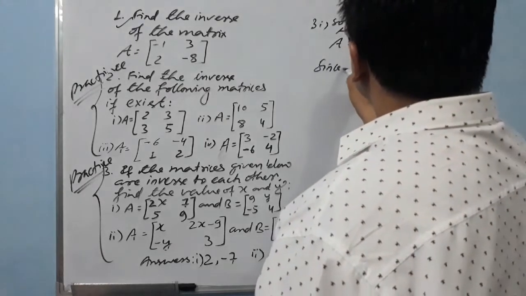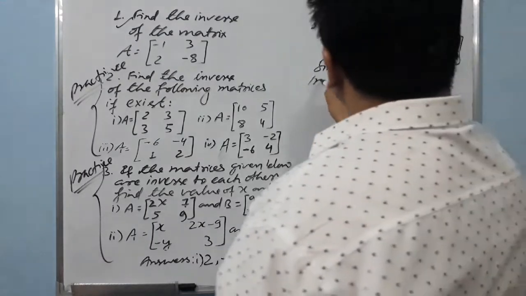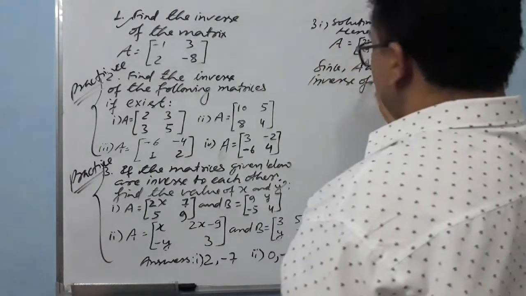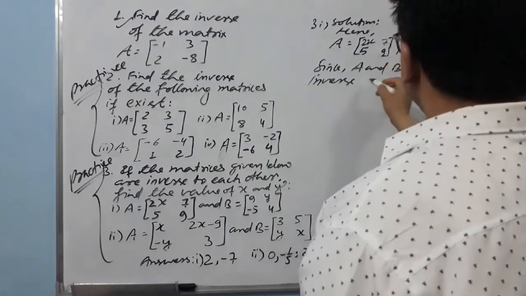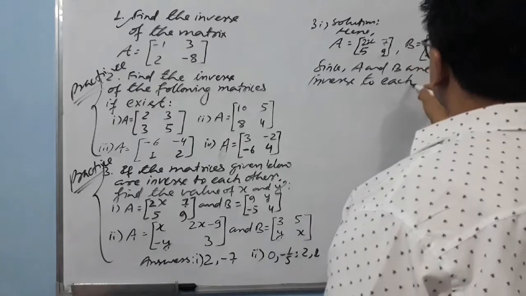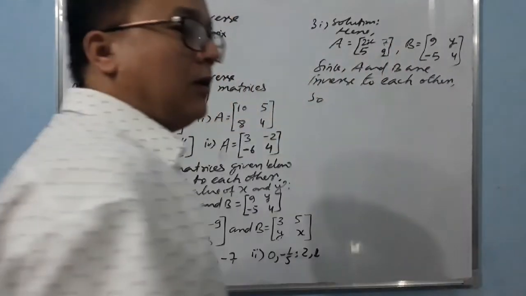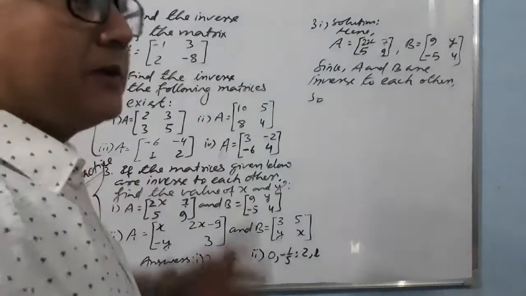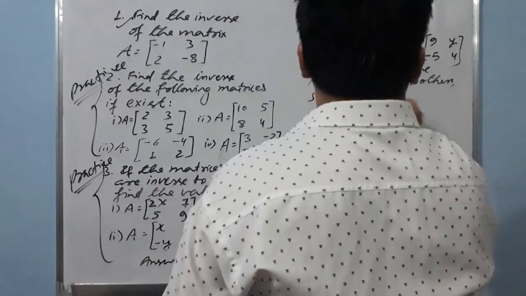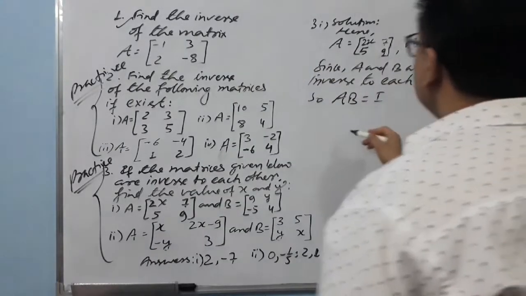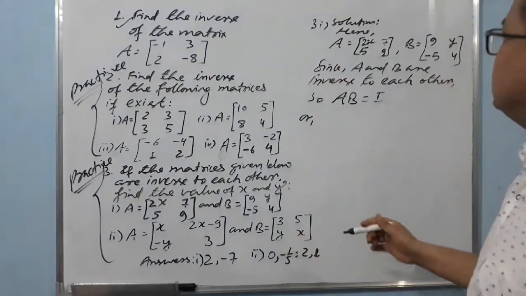Since A and B are inverse to each other, as we have already discussed, according to the definition we can write AB is equal to I, where I is the unit matrix or identity matrix.